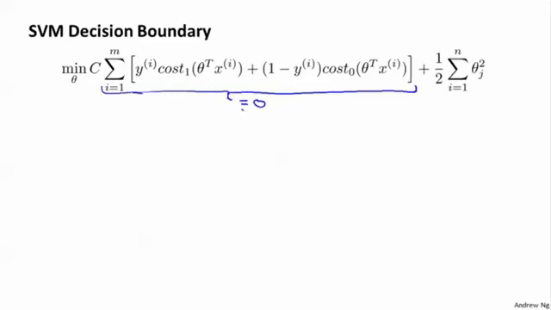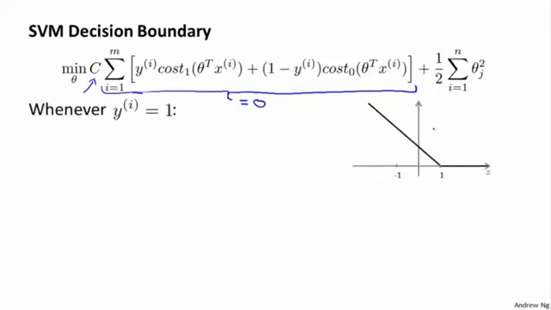So let's try to understand the optimization problem in the context of what it would take to make this first term in the objective equal to 0, because maybe we'll set C to some huge constant. And this should give us additional intuition about what sort of hypotheses a support vector machine learns.